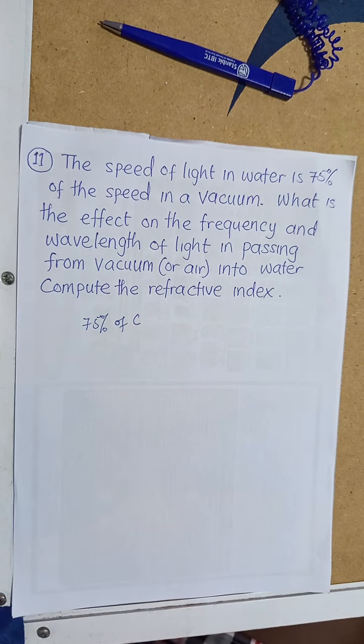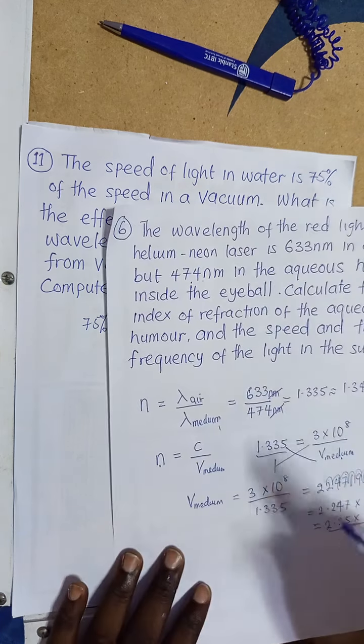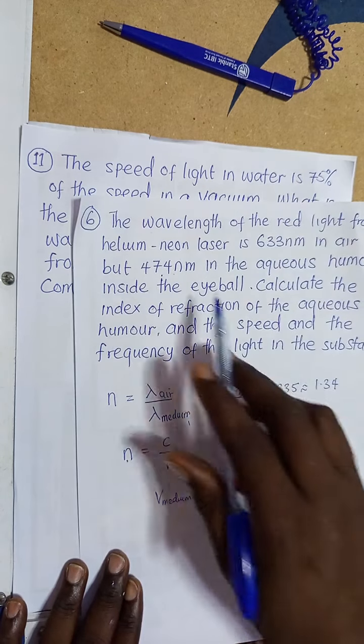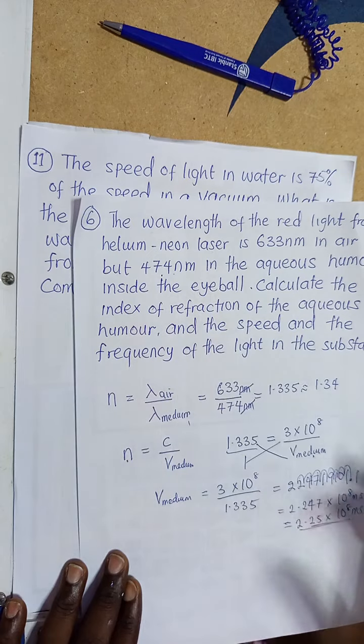Don't forget that there was a question I did not solve. I think that was number 6, because they were asking about frequency. And I did not solve it because in refraction, frequency does not change. During refraction, frequency does not change. You check question number 6, where they ask us the frequency of light in the substance when we're talking about helium-neon laser.